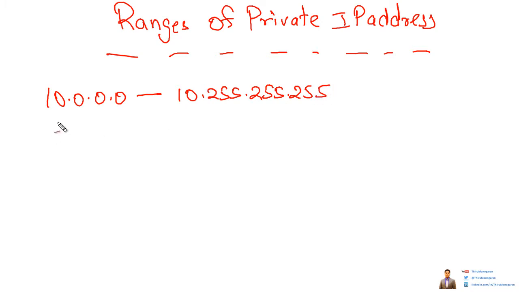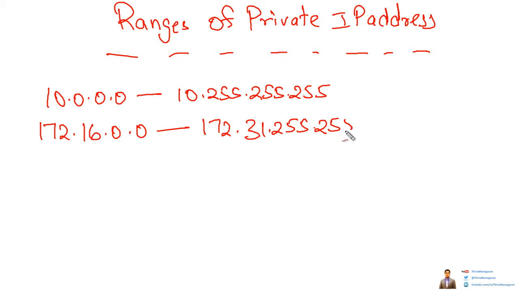That's the first range. The second range is 172.16.0.0 to 172.31.255.255.